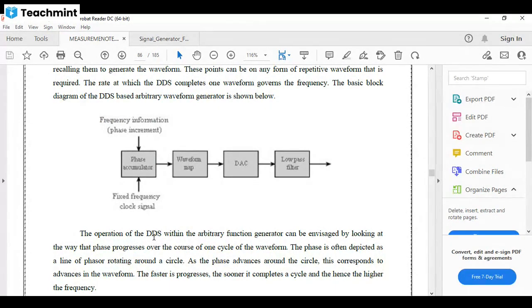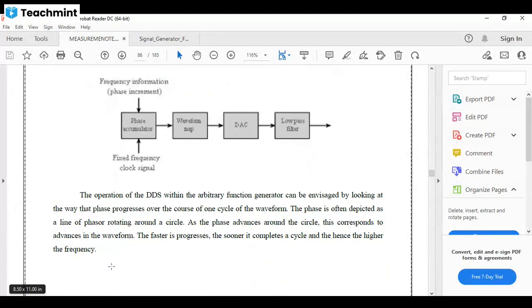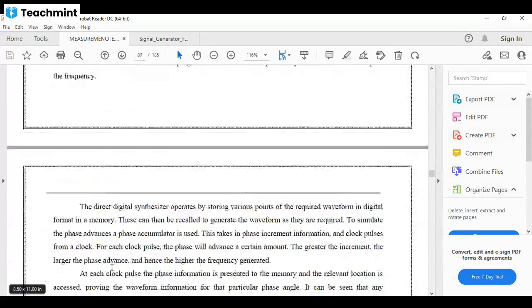The phase is depicted as a phasor rotating around a circle, and the phase advance around the circle corresponds to advance along the waveform. The faster the progress, the sooner it completes the cycle, and hence the higher the frequency.